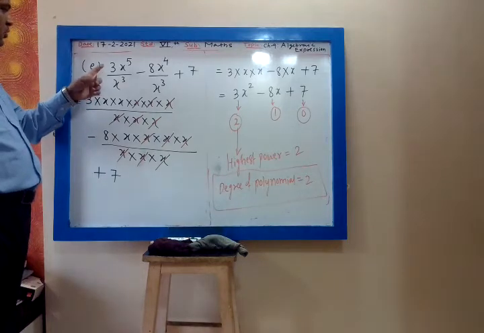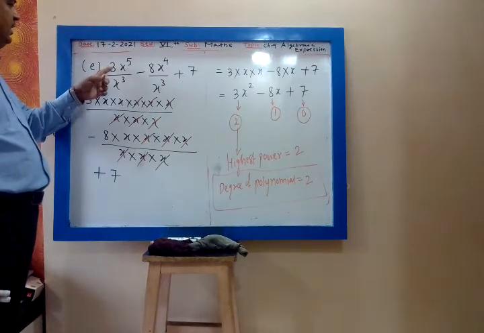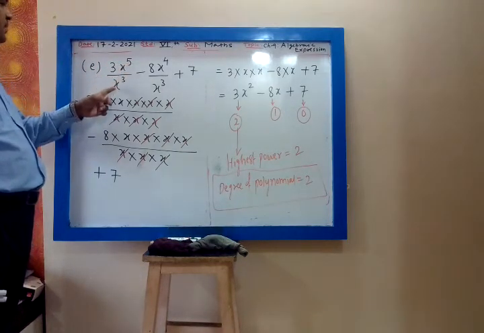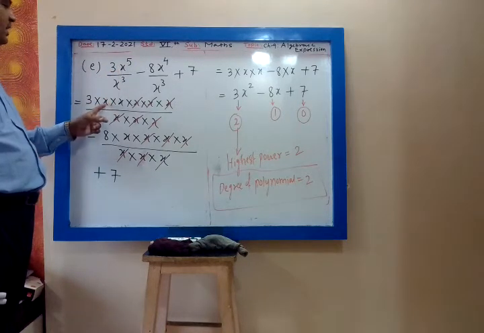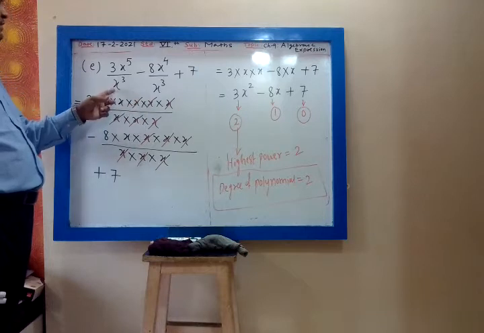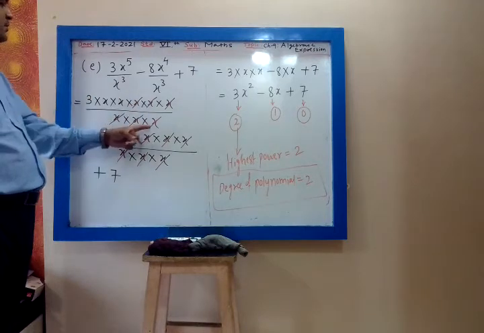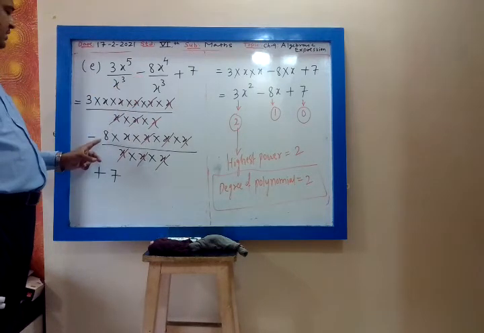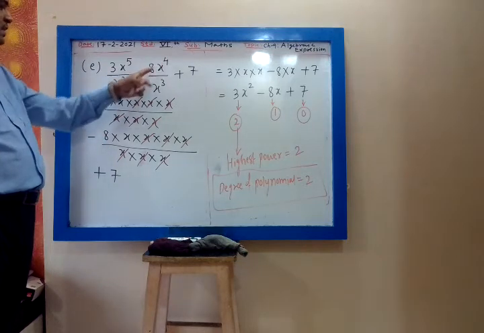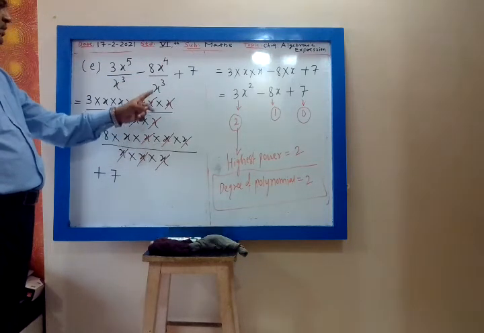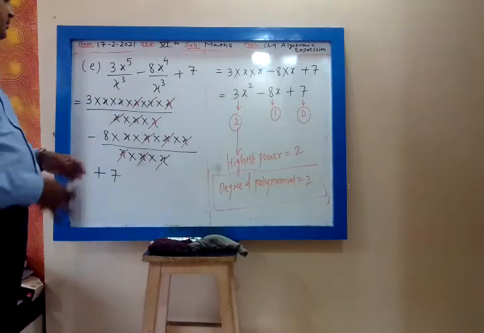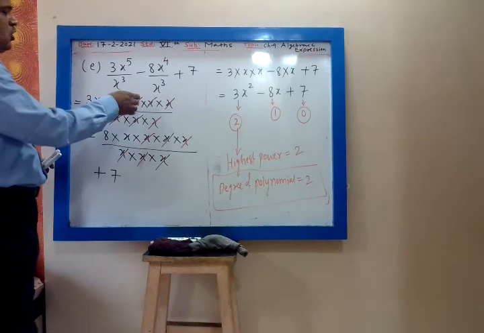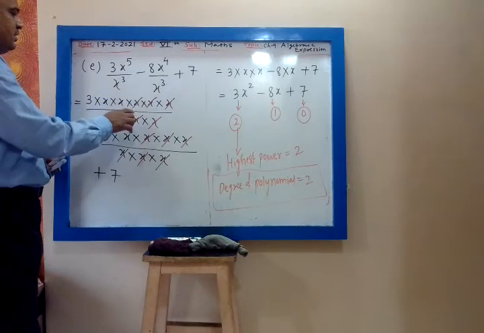Nobody will disturb. 3x raised to 5 upon x cube. X raised to 5 means you have to multiply x 5 times. X raised to 3 means multiply x 3 times. Then minus 8 x raised to 4, multiply x 4 times, plus 7. Then you have to cancel the common term of numerator and denominator.